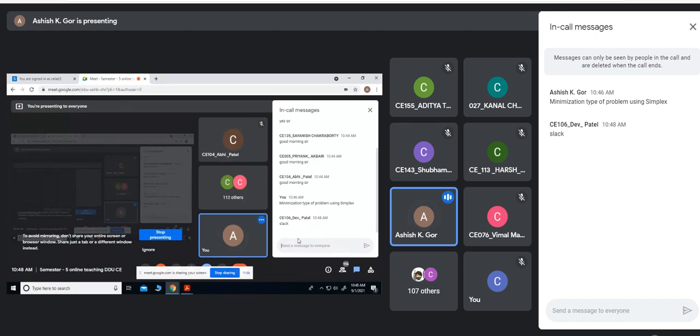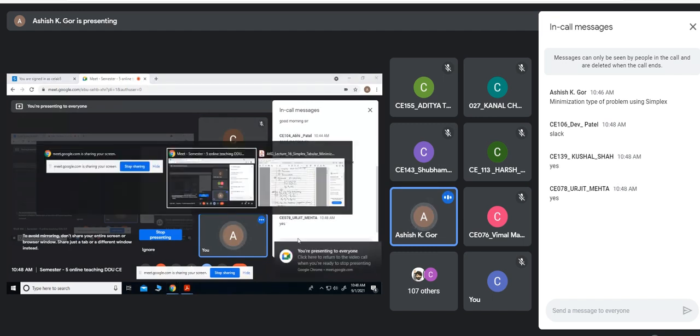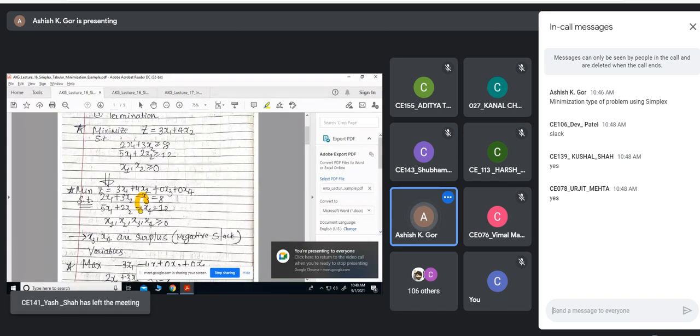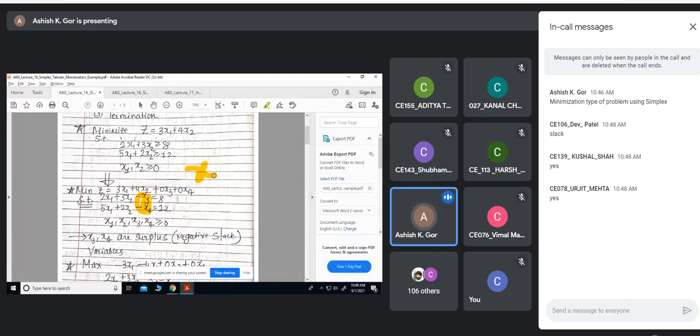Initially slacks are the basic variables, yes. So that means x3 and x4 are basic, and the rest are non-basic. So x1 and x2 will be set to 0.